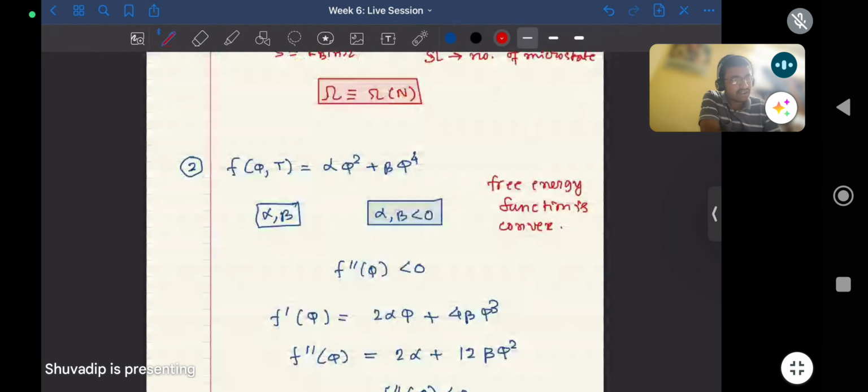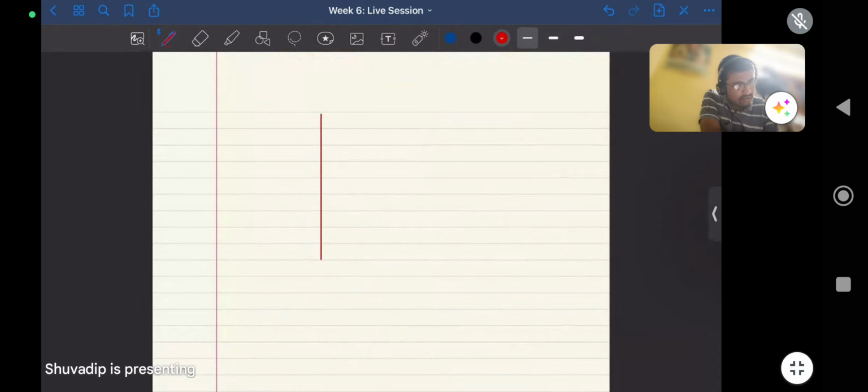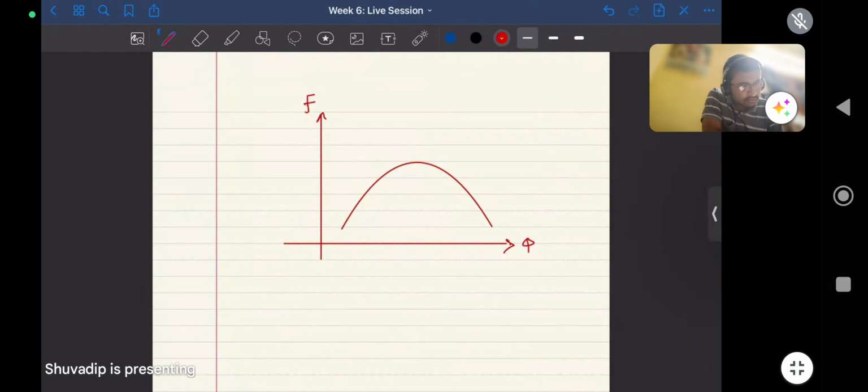The shape should be something like this, f of phi. This is the free energy, this is the volume fraction phi. Suppose this is phi 1, this is phi 2.